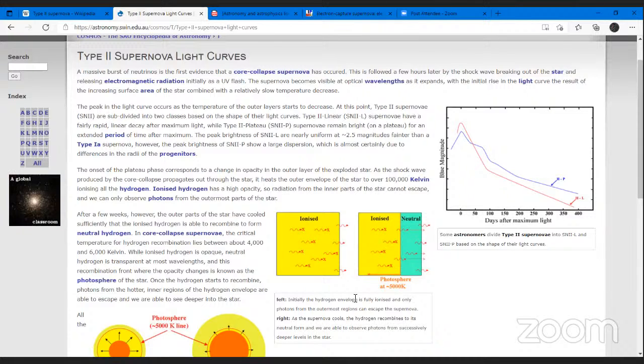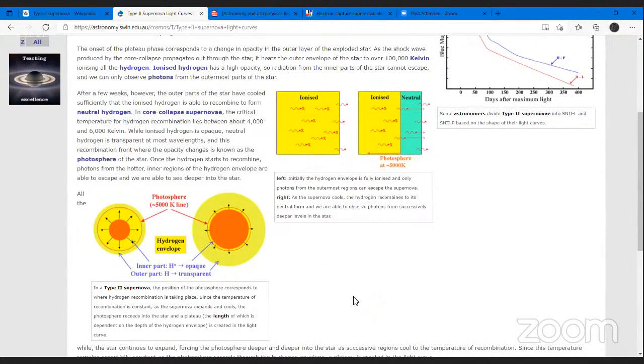So once the hydrogen starts to recombine, photons from the hotter and inner regions slowly start escaping, and we are able to see the deeper parts of the star. Then it doesn't stop.